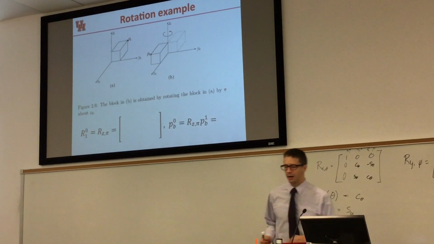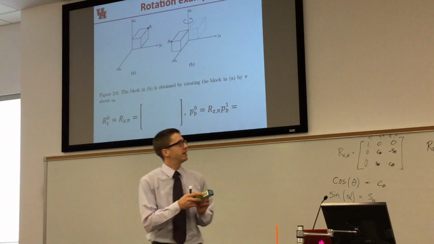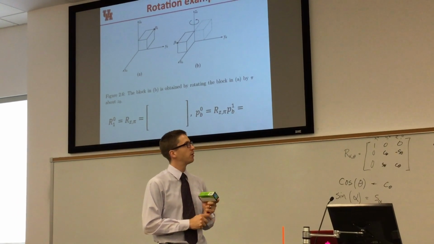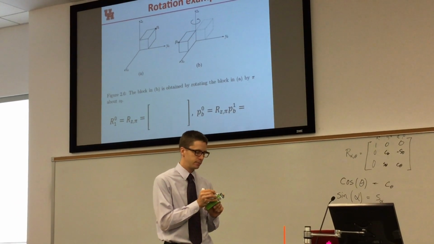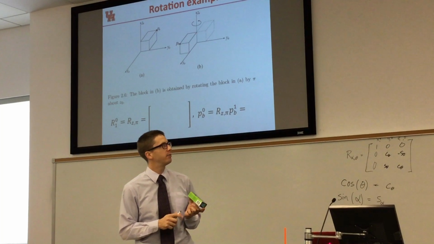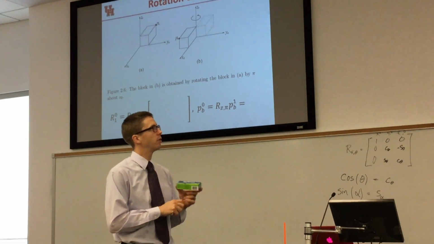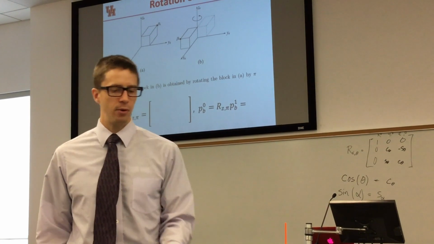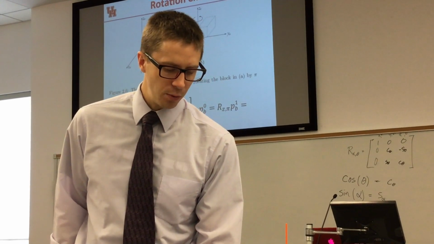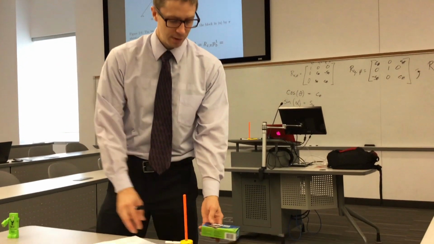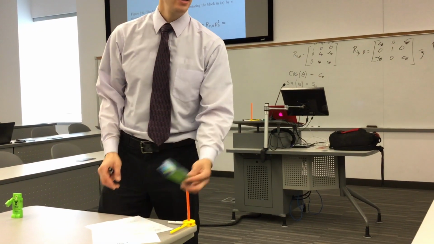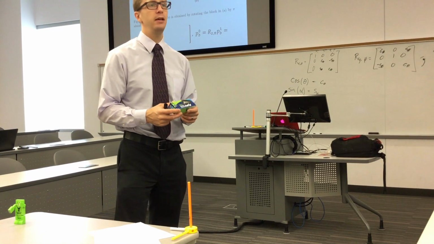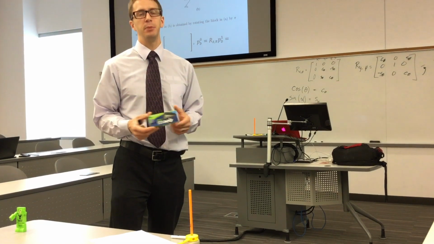So here I've got my box right like this, and I've labeled its far corner P. And I've got the same base frame here, but I've taken my point at PA, and then I rotated it. I did not move my base frame. I rotated it around. I want to know, where is PA after it's been rotated?